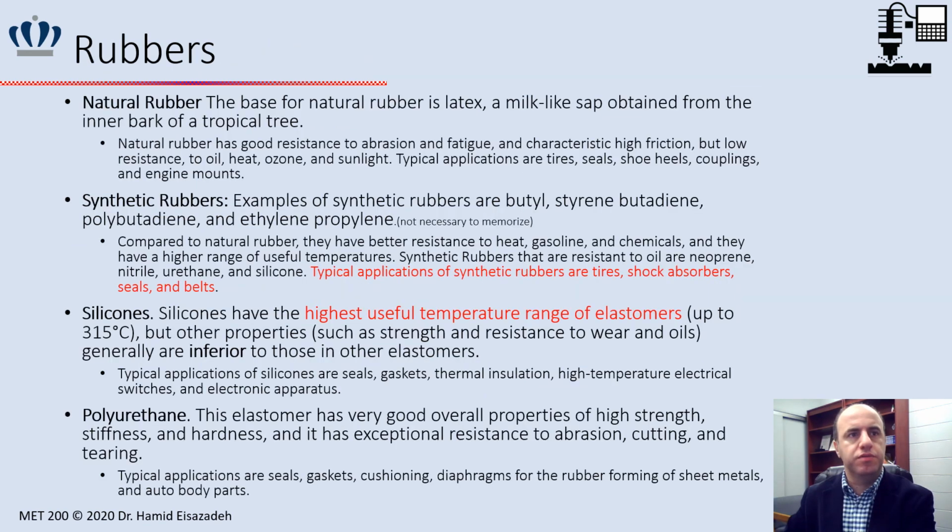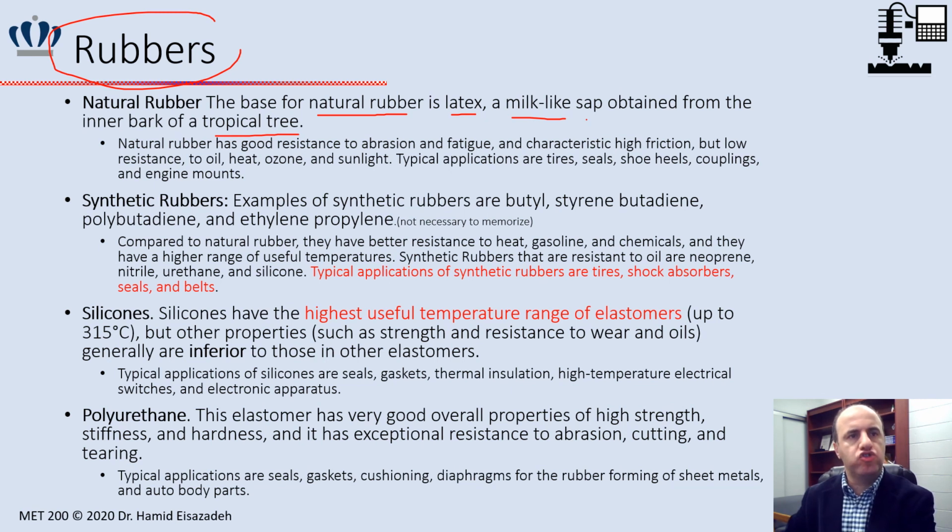We have different types of elastomers or rubbers. The first one is natural rubber. The base for natural rubber is latex, a milk-like sap obtained from the inner bark of a tropical tree.